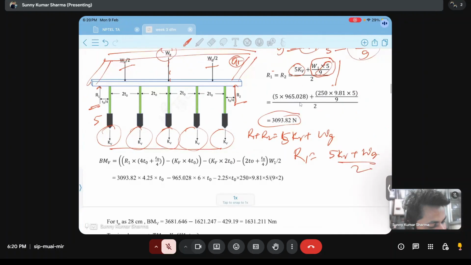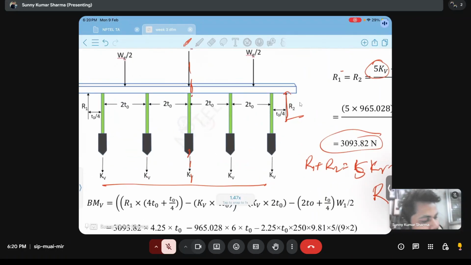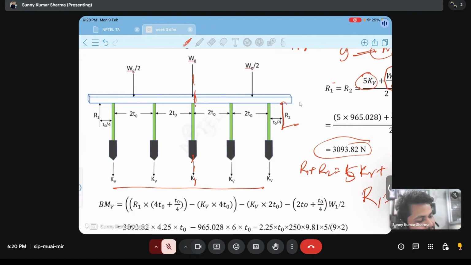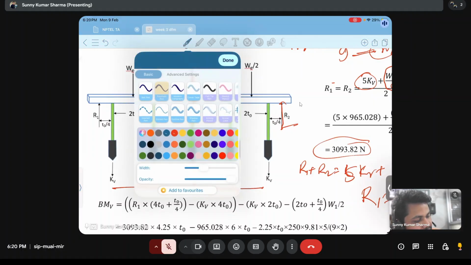So what will be the bending moment? Bending moment will be due to this kV, this kV, this kV. At what point will we find the bending moment? That is the concept here. We will find bending moment about the center line of this frame. For the center line, this kV is trying to bend this frame in anti-clockwise direction.